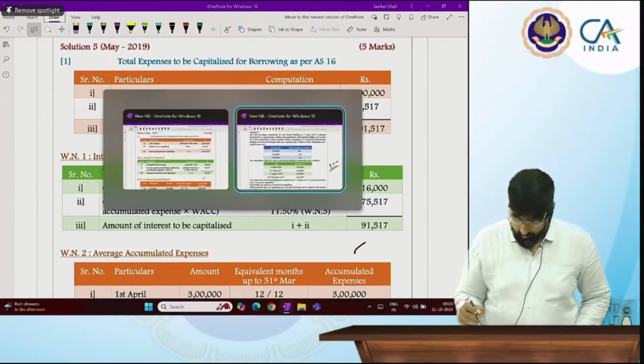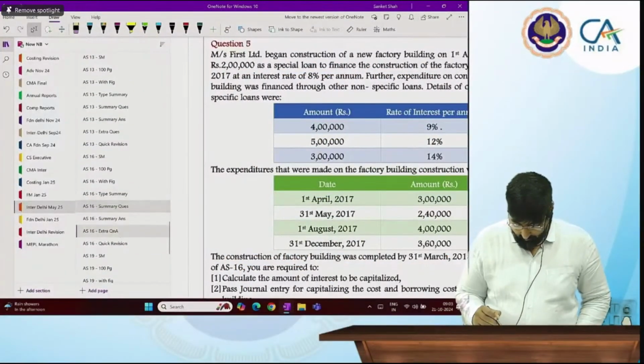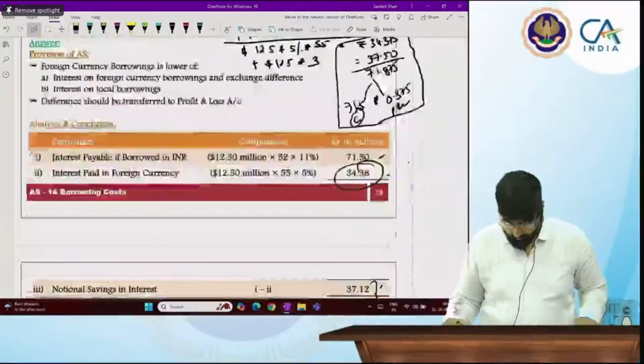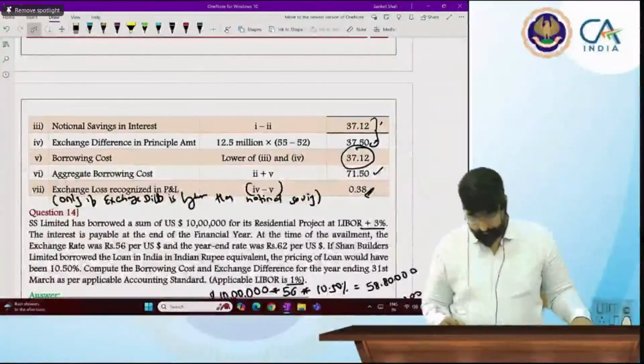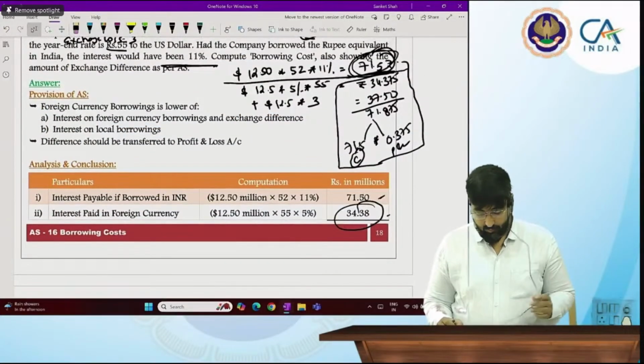And you want the solution of foreign exchange first question, sir? I think it is question number 13. In that, my doubt is whether we have to capitalize 32 plus 37.5, it is coming to 70 lakhs.